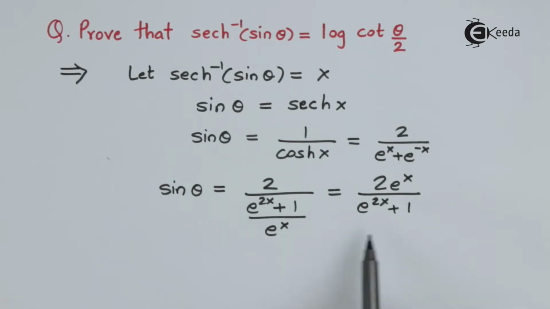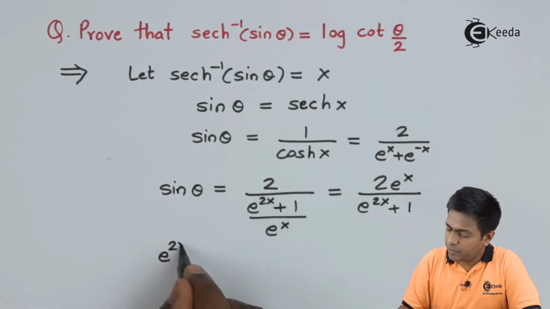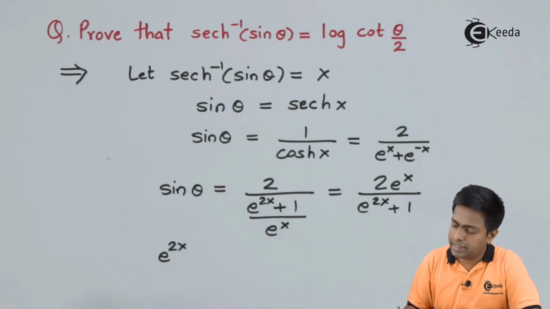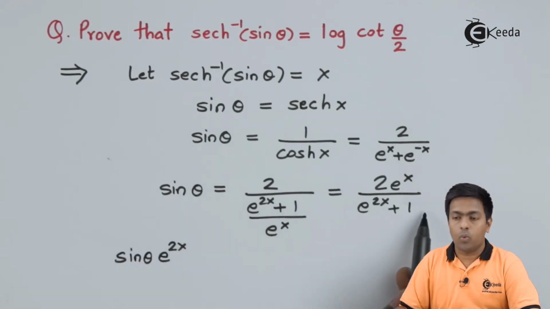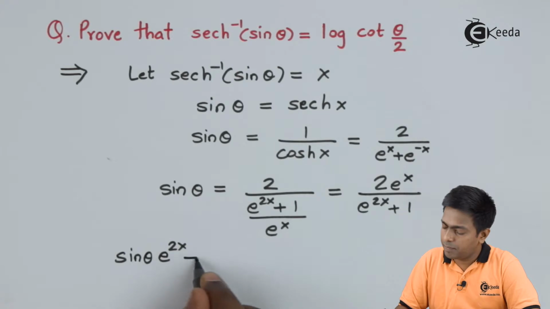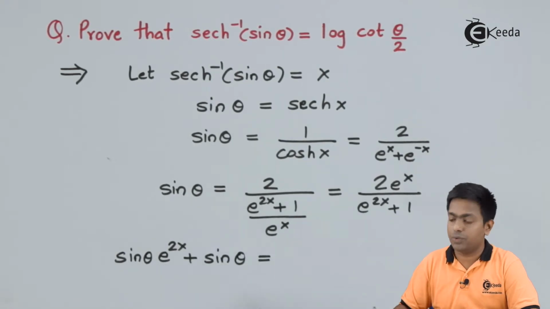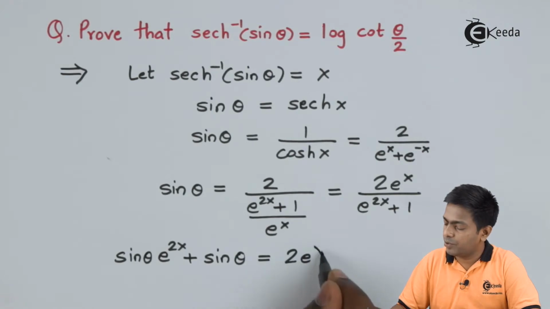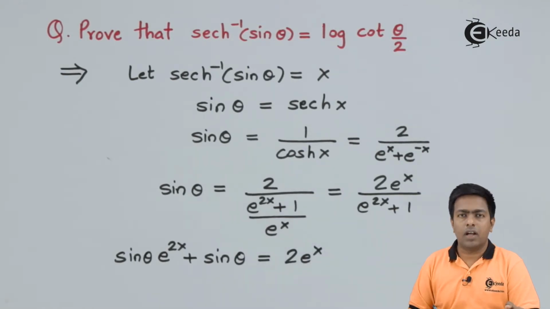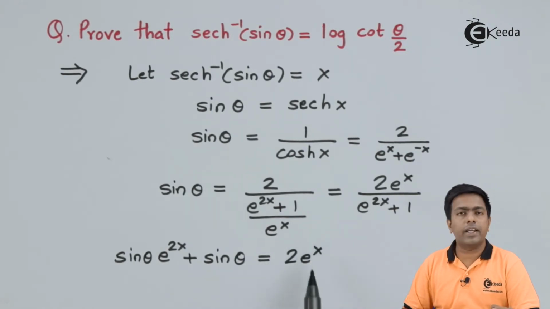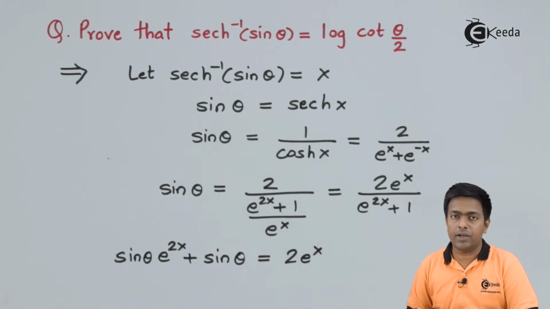Now guys, here we'll do the cross multiplication. By doing it, we can form the quadratic equation. So here we'll get e to the power 2x into sin theta, plus 1 into sin theta, which is plus sin theta, equal to 2 e to the power x. Now we'll take this 2 e to the power x on the LHS, and that will become negative.